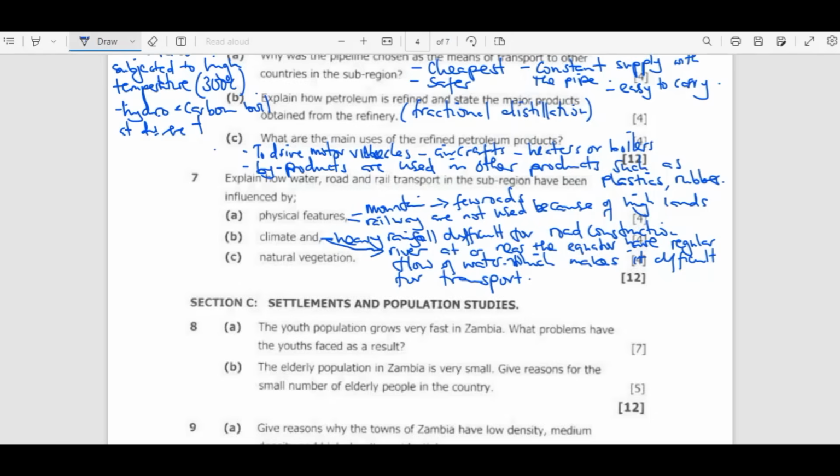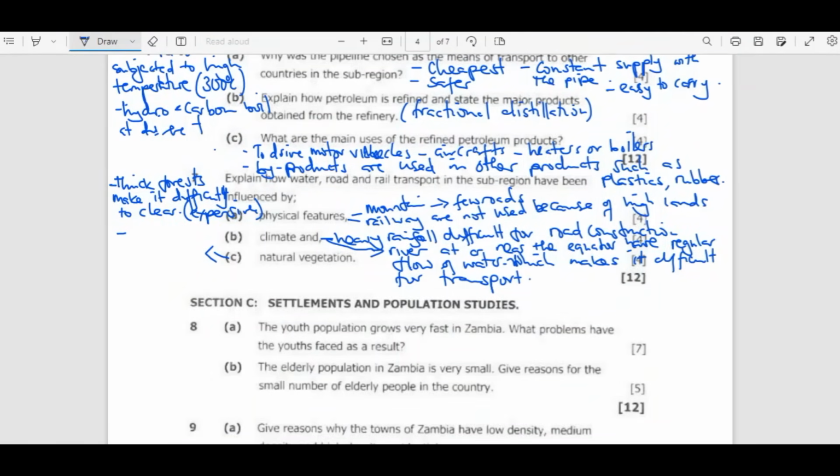Okay, so we are looking at now natural vegetation. So thick forests make it difficult to clear. It becomes expensive.